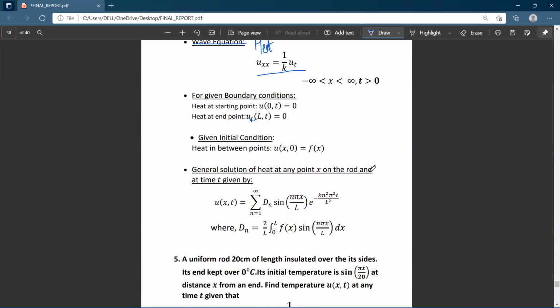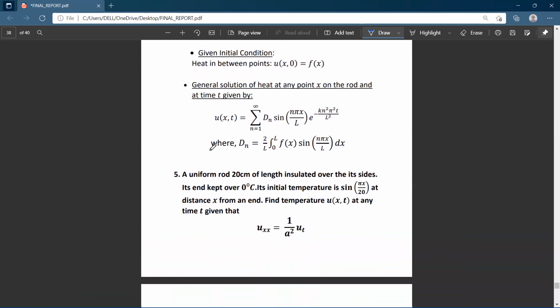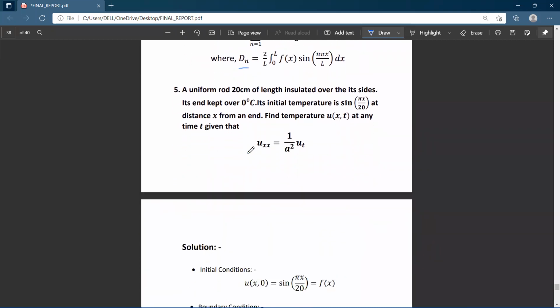So this is the general solution for any point x on the rod at any time t, and this is the formula for b_n.